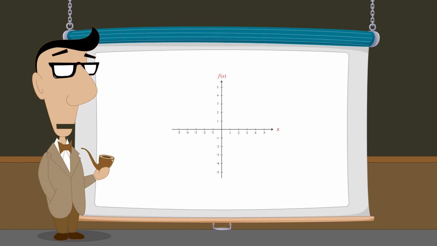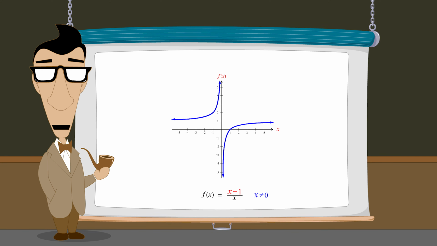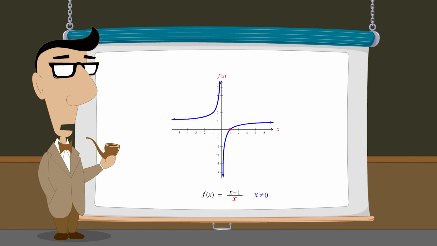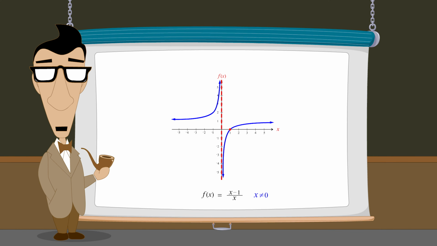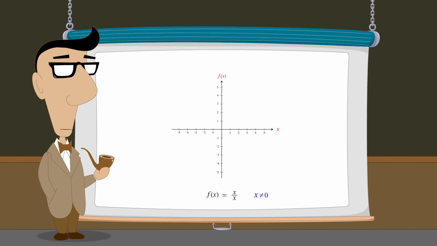So as we have just seen, numerator zeros produce x-intercepts, and denominator zeros produce vertical asymptotes, except that when a denominator 0 is identical to a numerator 0, instead of a vertical asymptote and an x-intercept, we get a hole.